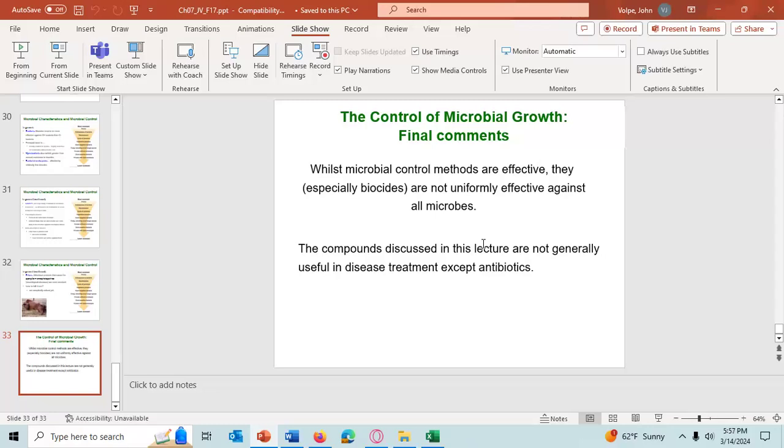You cannot give most of these agents to people. They would be too toxic. Okay. The exception is antibiotics, and an antibiotic is specifically a drug which is not toxic to us and is specifically toxic to a microbe, and that's why we call it an antibiotic. Any question about any of that?